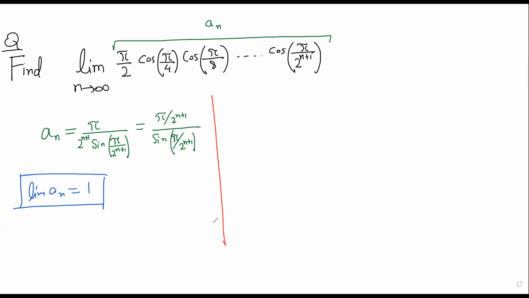This is what is called an infinite product. It's a limit of products where there are an increasing number of factors, right? And it's of the following form: an is equal to b1, b2, up to bn, right?